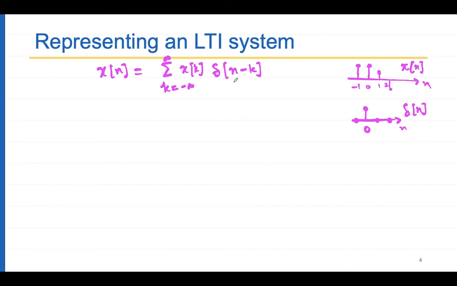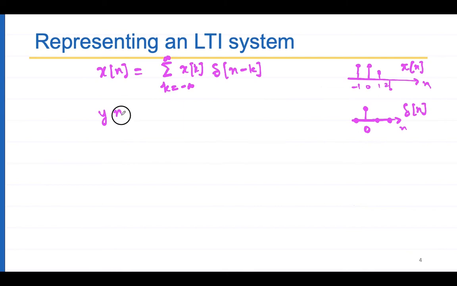So I represent this in terms of individual impulses which are delayed in time, which means the timing information is preserved, and scaled in amplitude. This is the scaling factor x of k, right? Now let us put it in the form.